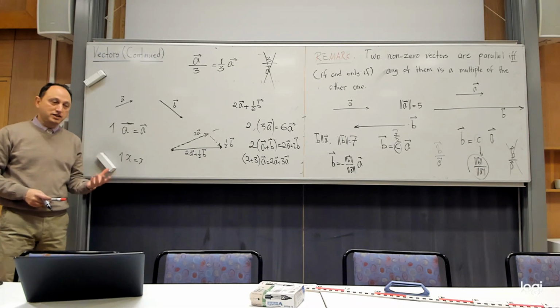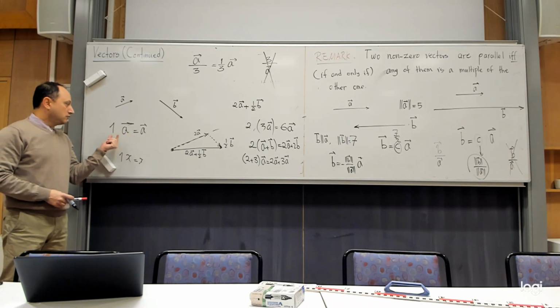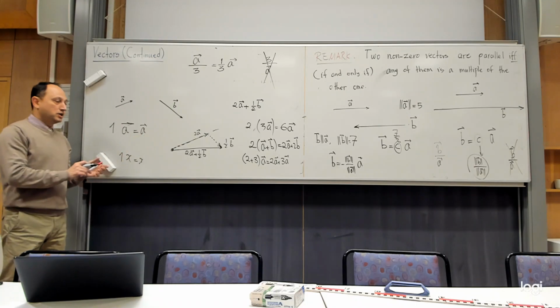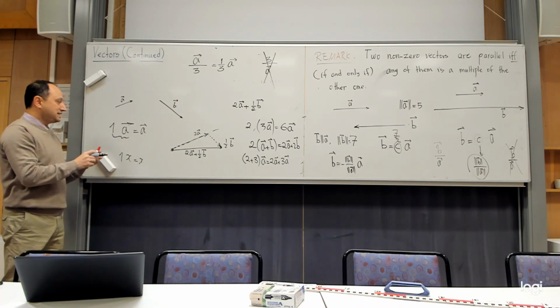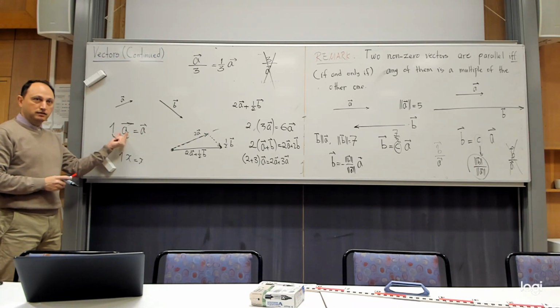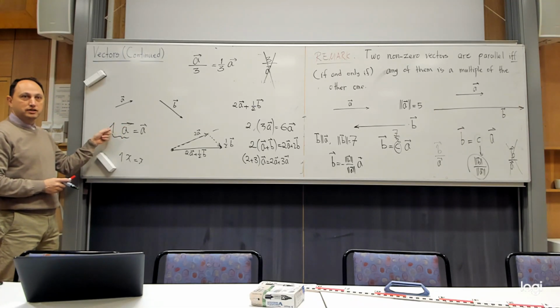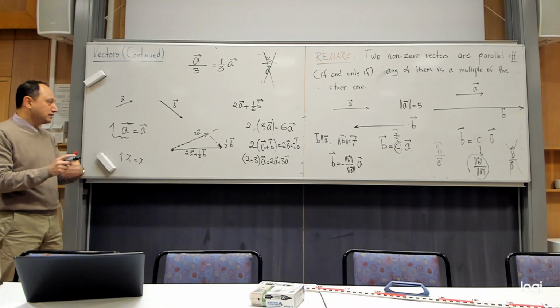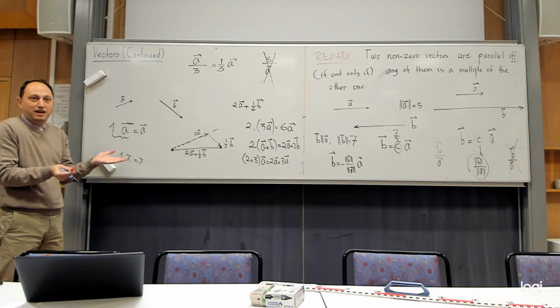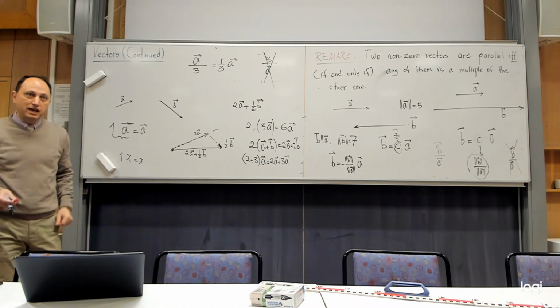You have to motivate this. Why is this correct? Because 1 times a is a vector parallel to a, pointing in the same direction as a, because 1 is positive, having a length 1 times that of a, which is the same length. So this becomes a itself.